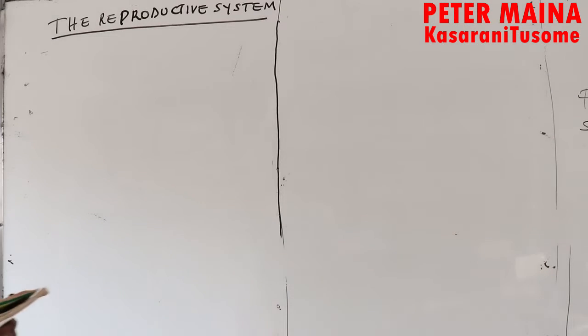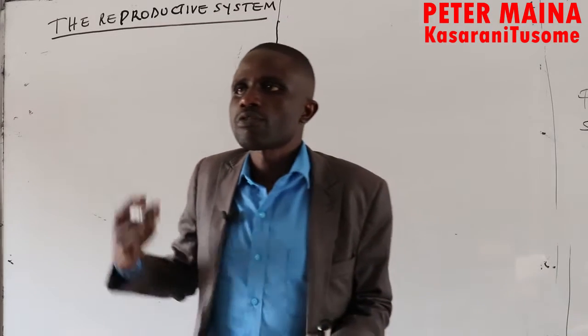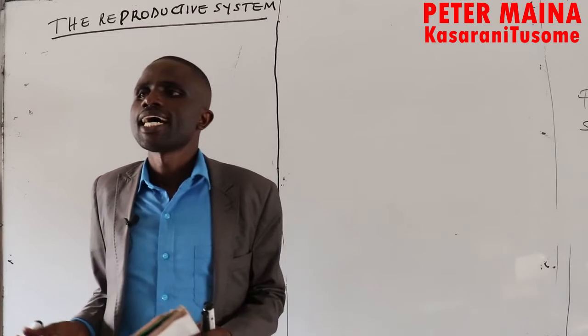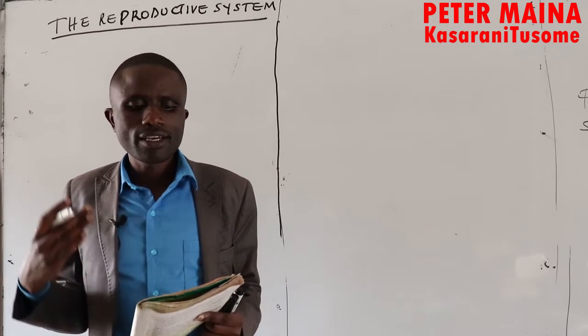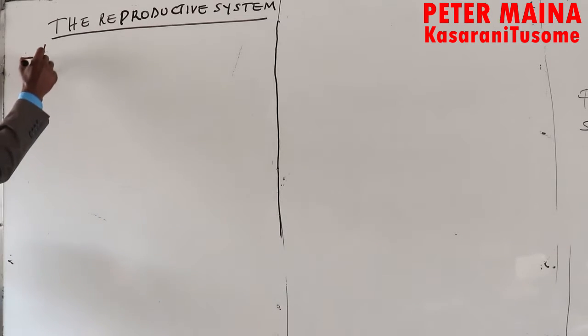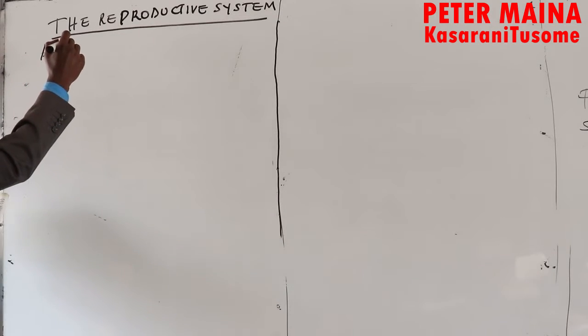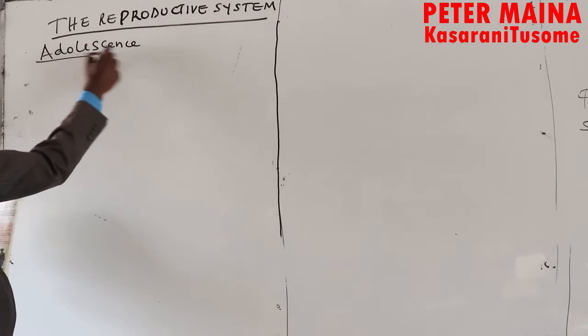So during the stages of human development, there is a time when there are very key physical changes, and we call those changes adolescence. So we need to understand adolescence.